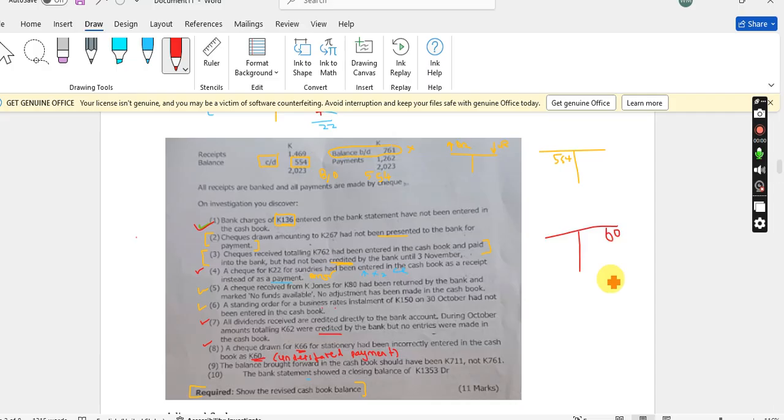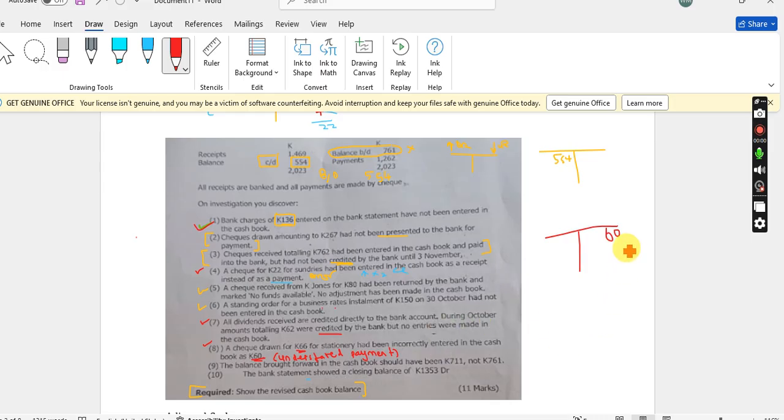This 60 kwacha here, what do we have to do to make it become 66 kwacha? The amount is put on the correct side, but it's not the correct amount. So what do we need to do so that this understated payment becomes the correct payment?